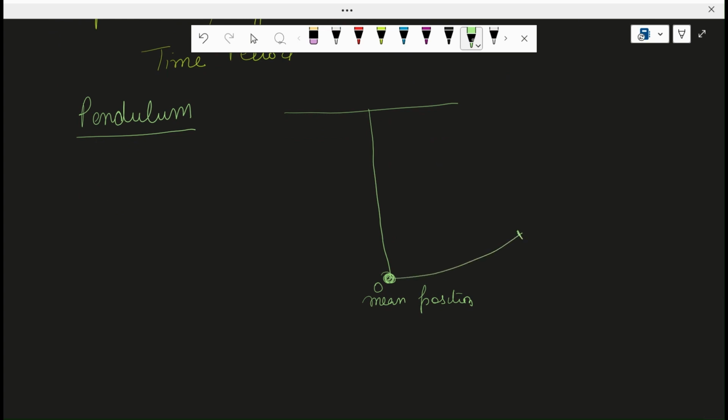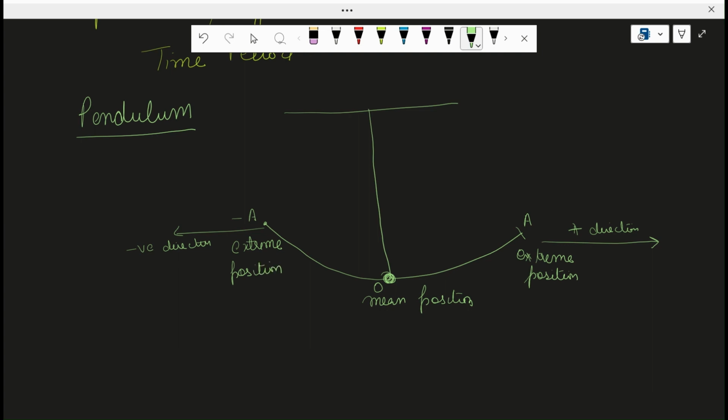So here, let the pendulum move till the point A. Let us make this the positive direction, and suppose this is the negative direction. These positions are also known as the extreme positions, since this is the maximum limit till which the pendulum will move in a to and fro motion, right?